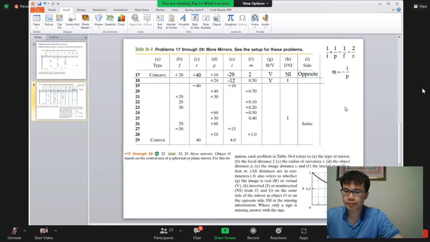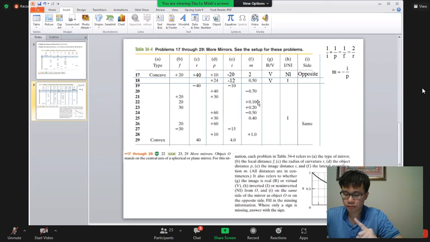If you don't calculate the image distance, could you tell us why the image is virtual? We can see from the lateral magnification that this is a virtual image because our lateral magnification is positive.